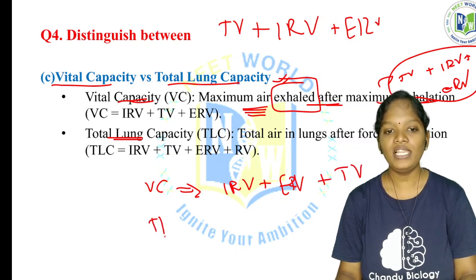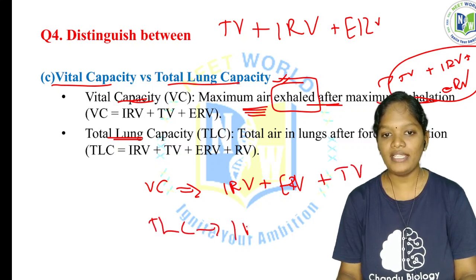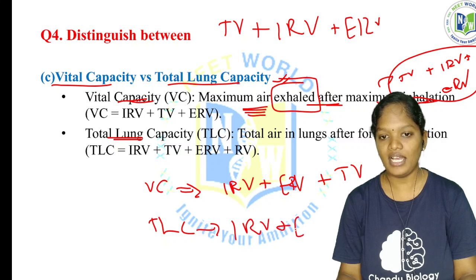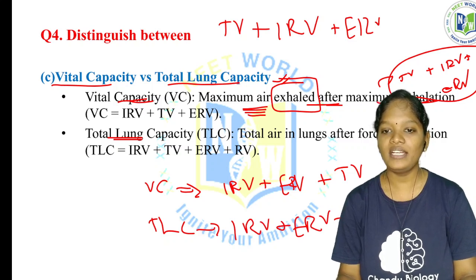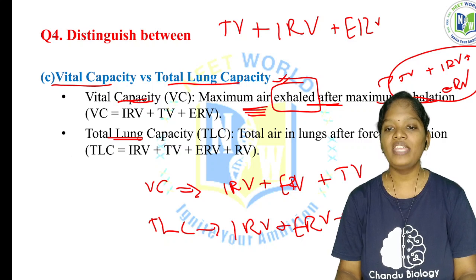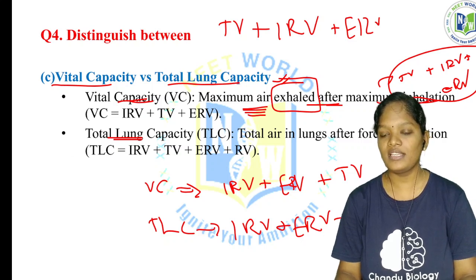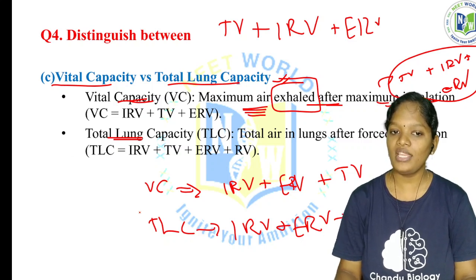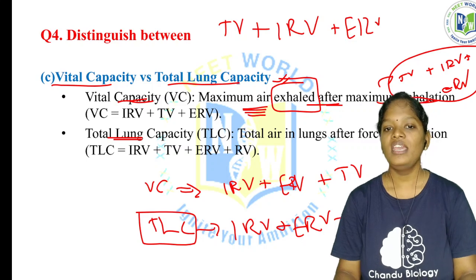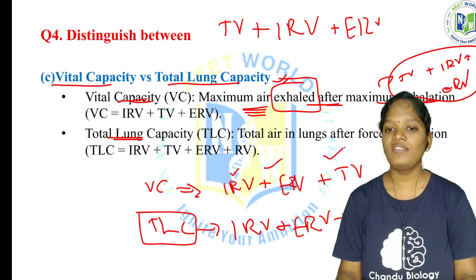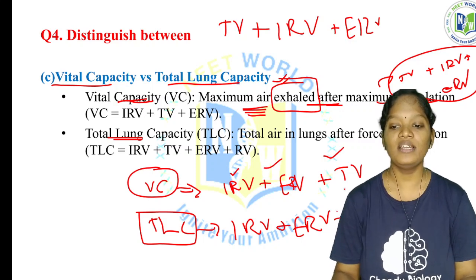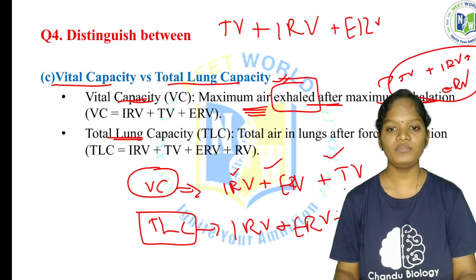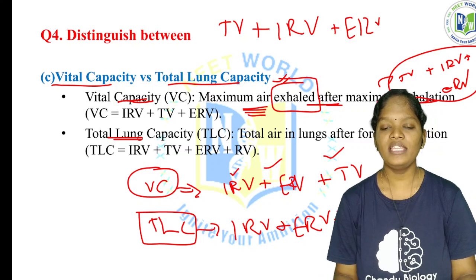In the total lung capacity, we add the IRV, ERV, residual volume, and the tidal volume. If we include the residual volume, we call it the total lung capacity. If we add only the IRV, ERV and tidal volume, we call that the vital capacity. This is an important thing.